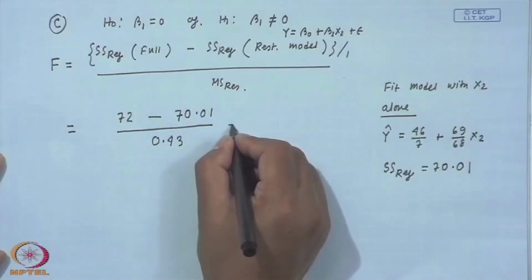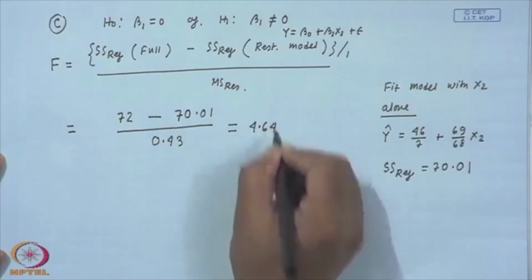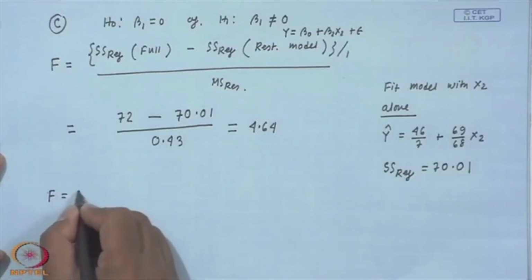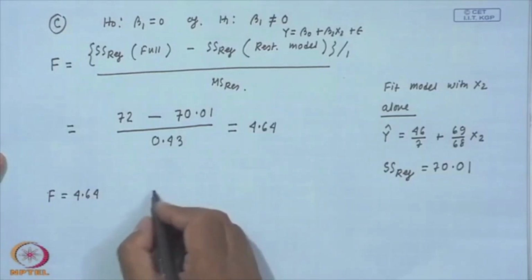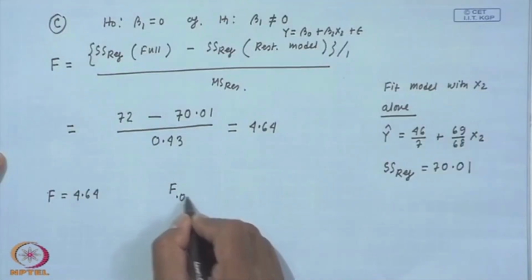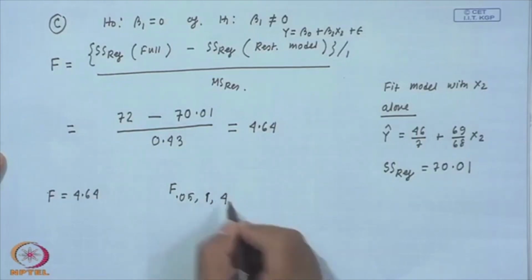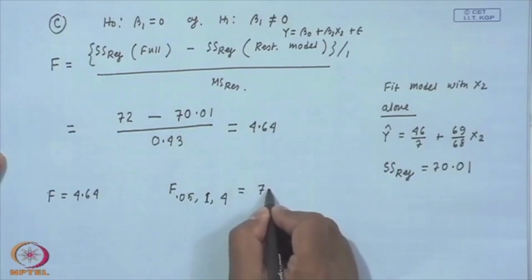So, this one is equal to 4.64. Now, you check, so your observed value is 4.64 and the tabulated value f 0.05, 1, 4 here, that is equal to 7.71.